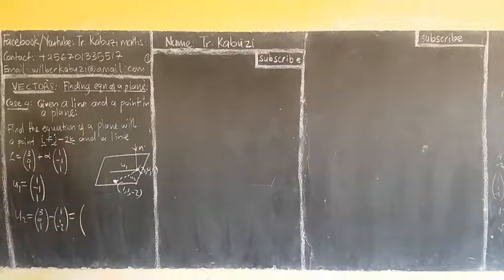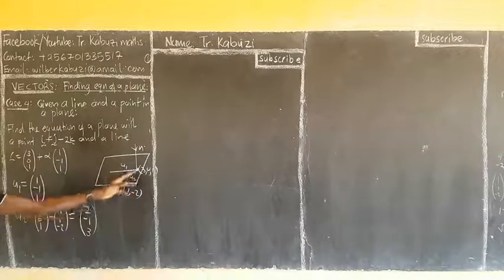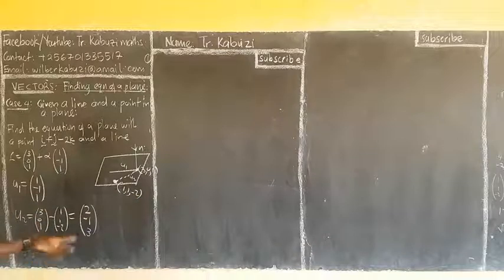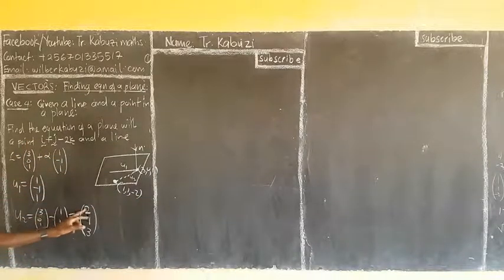And this will give me 2, then negative 1, then a positive 3. All you do is get this minus this, so that you get a vector between these 2 points. So 3, 0, 1 minus the point in the plane which was 1, 1, negative 2. When you subtract, you get 2, then 0 minus this, you get that, and then 1 minus that, you get that.